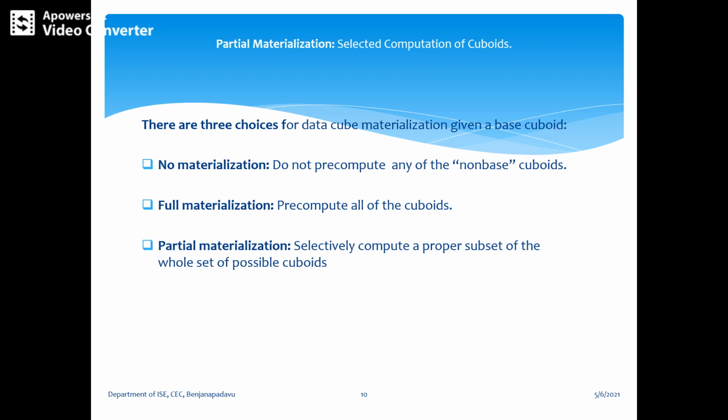There are three choices of data cube materialization given a base cuboid. Which one is the better choice to select? First, no materialization, so we do not pre-compute any of the non-base cuboids. Only the base cuboid is given, but we do not compute any of the non-base cuboids.